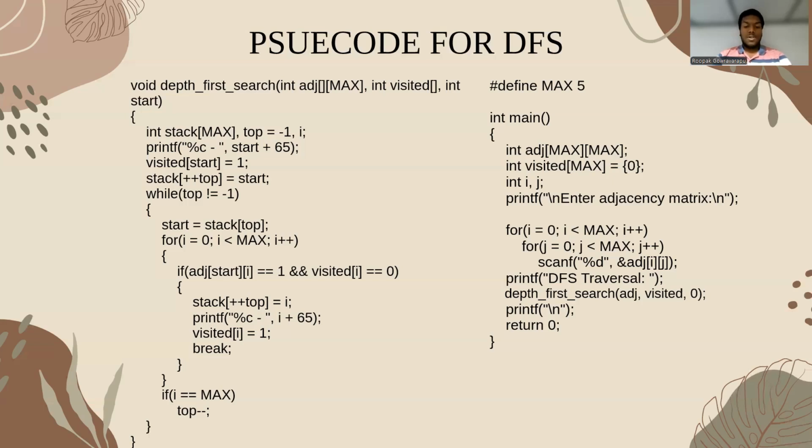In the DFS main function, the line int adjacency[max] declares the adjacency matrix and int visited[max] = 0 initializes all visited flags to 0. Then we take matrix input using nested loops. The line printf DFS traversal displays a heading for the output. Next, depth first search(adjacency, visited, 0) calls DFS starting from node 0. Finally, the program ends with return 0.